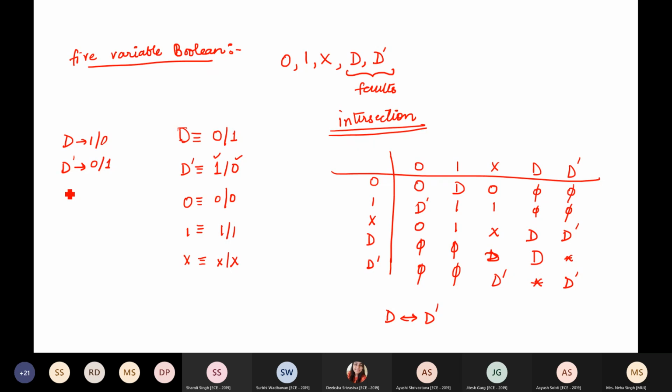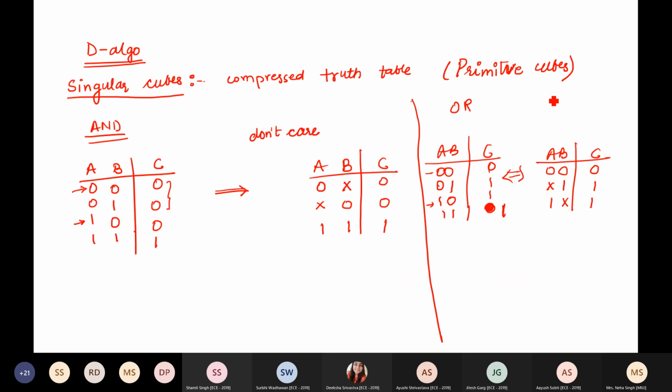Fine. Now using this intersection for the 5 variables and the primitive cubes for the logic gates which lie within the circuit, we will apply the D algorithm and try to find out the test vector that is used. Right, we'll take up one fault and try to identify the test vector.